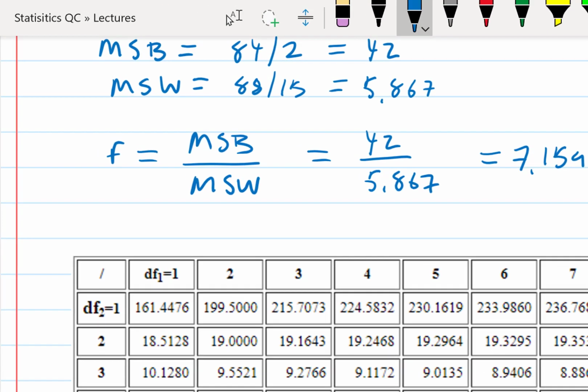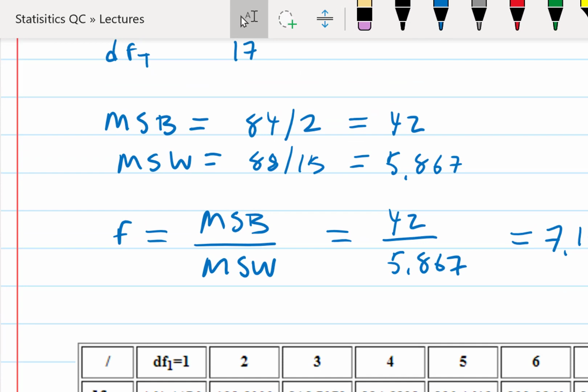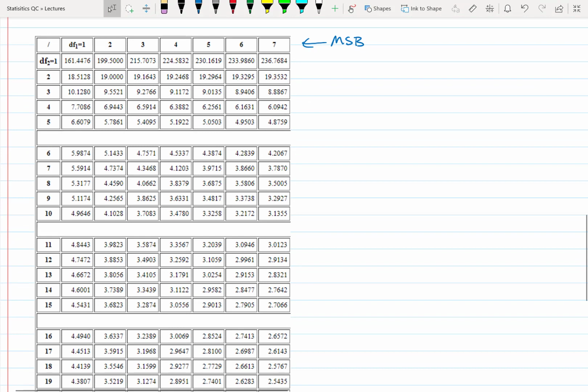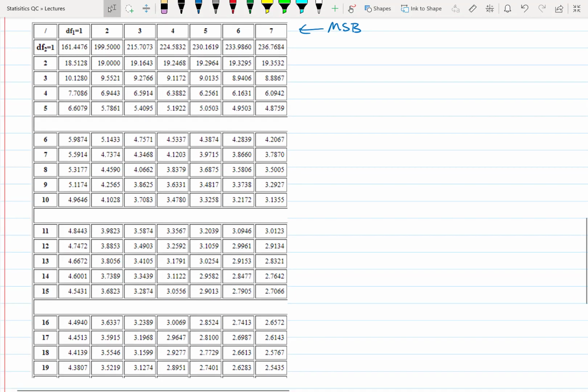So we have, scroll up here, the mean square between degrees of freedom is going to be 2, and the mean square within degrees of freedom is going to be 15. So we're going to move down this 2 column until we get to 15 over here. And that intersection is going to give us our critical value.